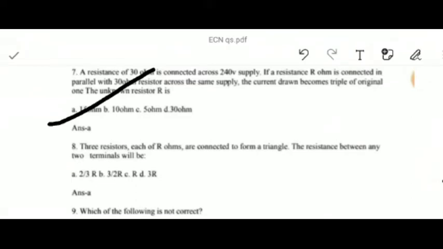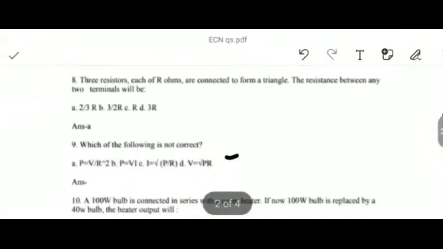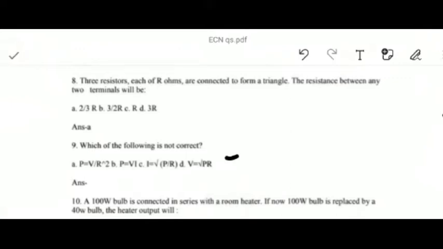Now moving towards the 8th question. Three resistors, each of R ohm, are connected to form a triangle. The resistance between two terminals will be.